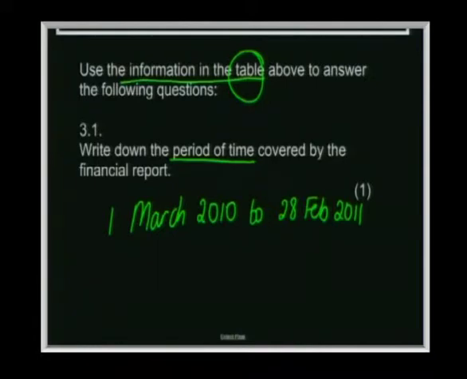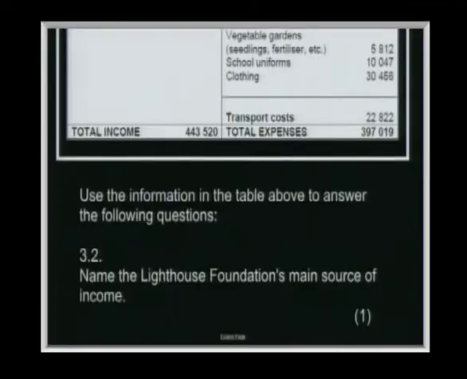Right, let's go on to question 3.2. Again, based on the same table, name the Lighthouse Foundation's main source of income. What do they mean by main source? Now, if I had a main source of income, it would be the thing that came in the most. So therefore, it should be the biggest number that's in my income column.